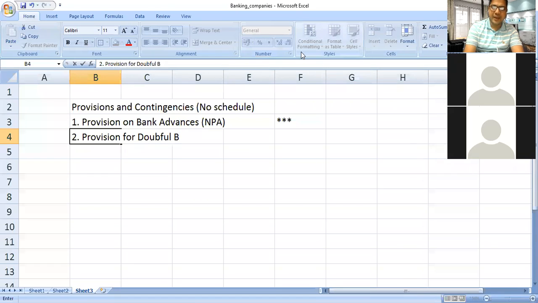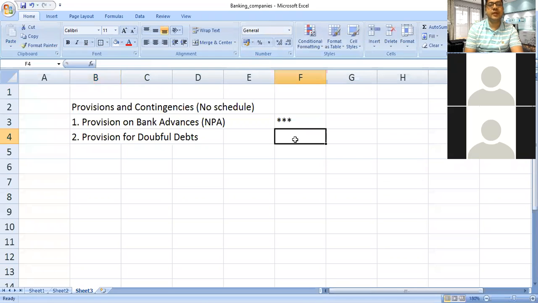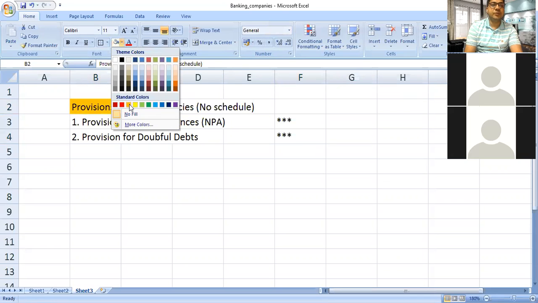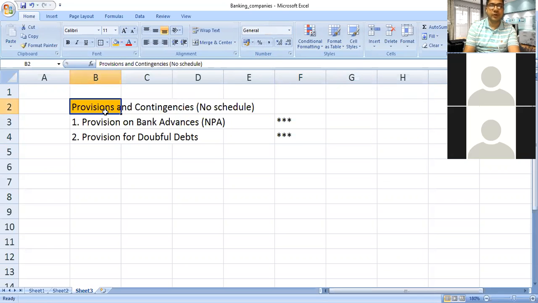Now, generally, banks are not producing any kind of goods, and banks are not selling goods, but still they have some doubtful debts. Such doubtful debts we will put as a provision for doubtful debts in our provision for contingency. These things you have to keep in mind.